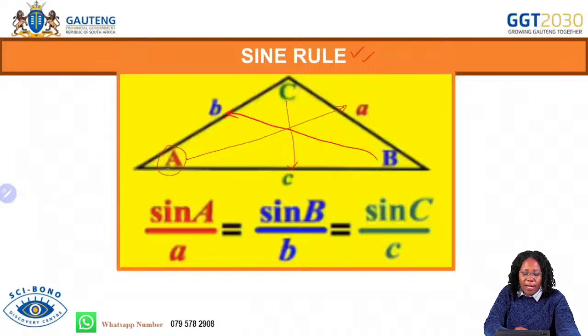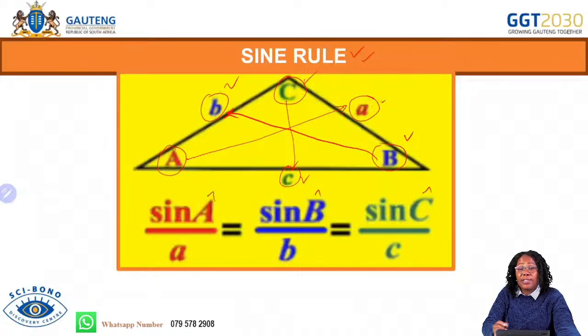As you can see, angles are indicated by capital letters, and the sides use small letters there.